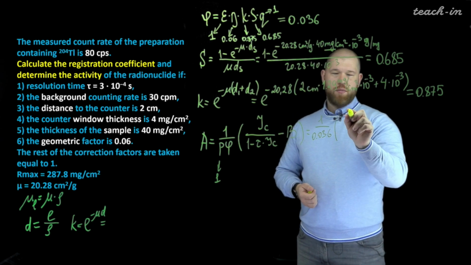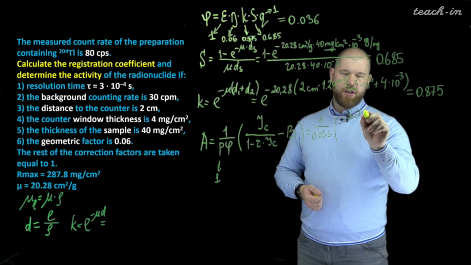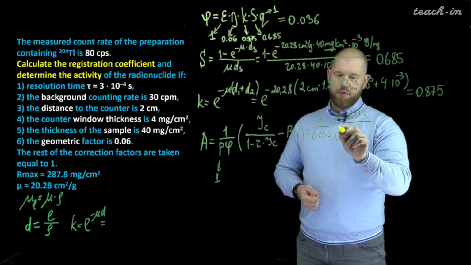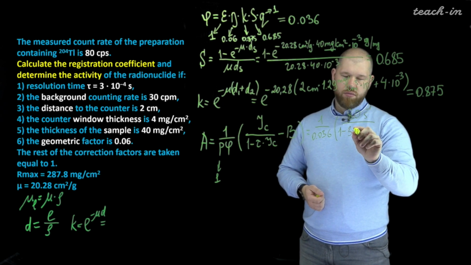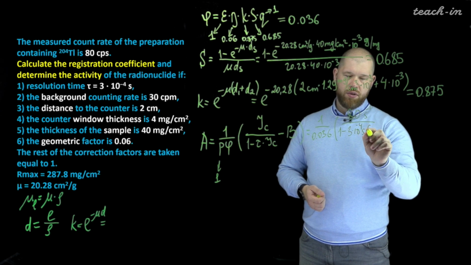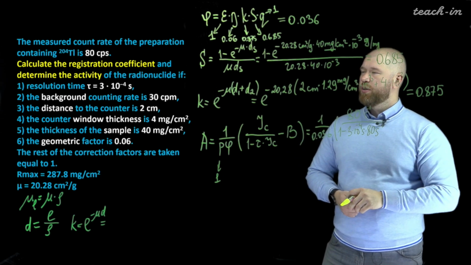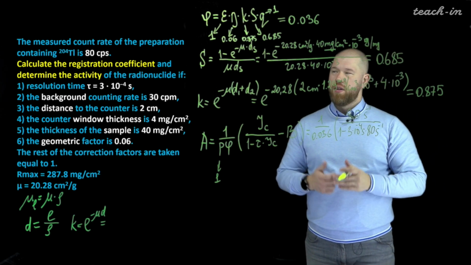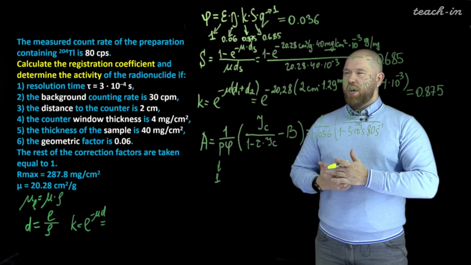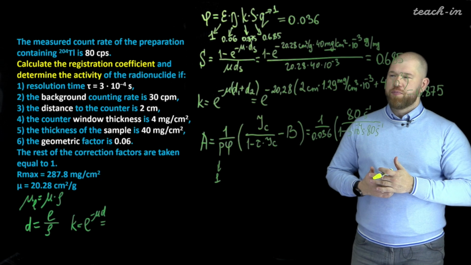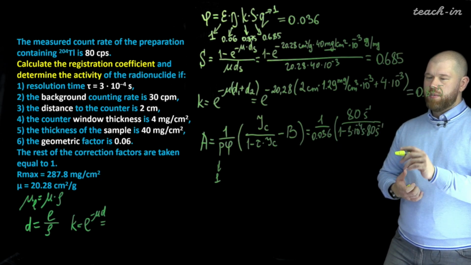We have measured count rate 80 CPS, so it is second minus 1. The resolution time is quite a small number, multiplied by 80 per second. And for the background, we have 30 counts per minute. And thus we have to recalculate it in counts per second as well.